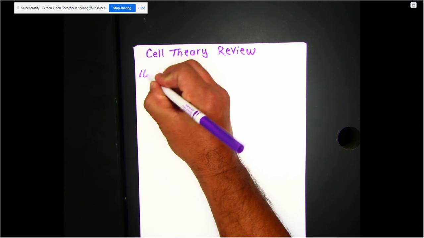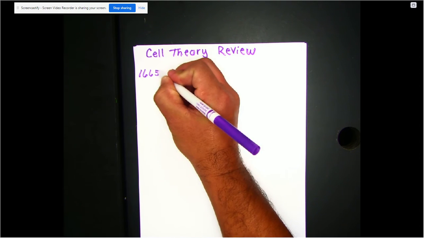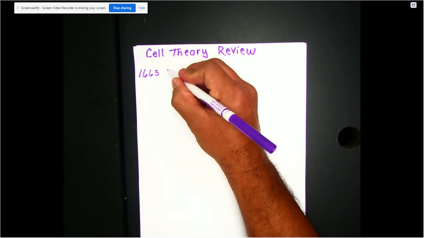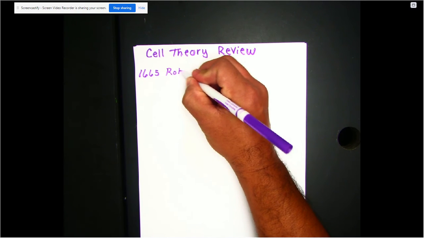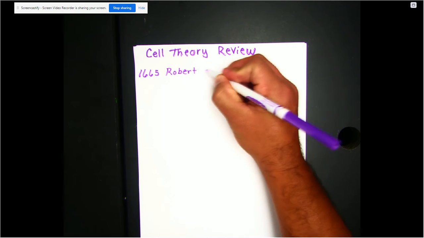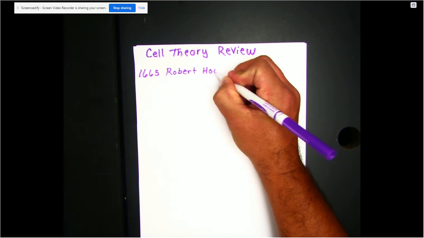We're going to start off with 1665, which was the first year that cells were named and discovered by Robert Hooke.